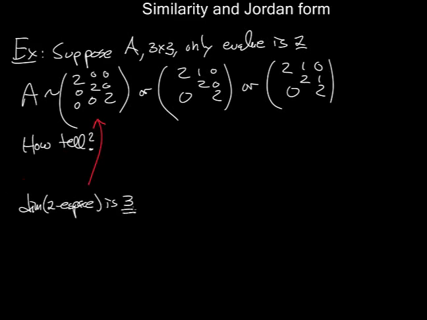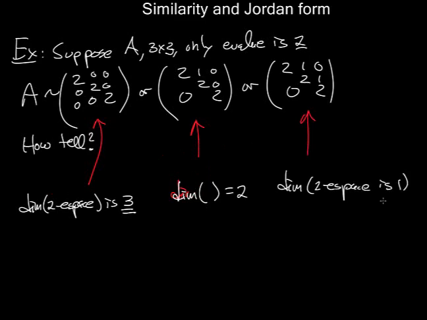And the way you tell the difference is, in this case the dimension of the 2-eigenspace is 3, whereas in this middle case the dimension of the 2-eigenspace is 2, and in this case the dimension of the 2-eigenspace is 1.